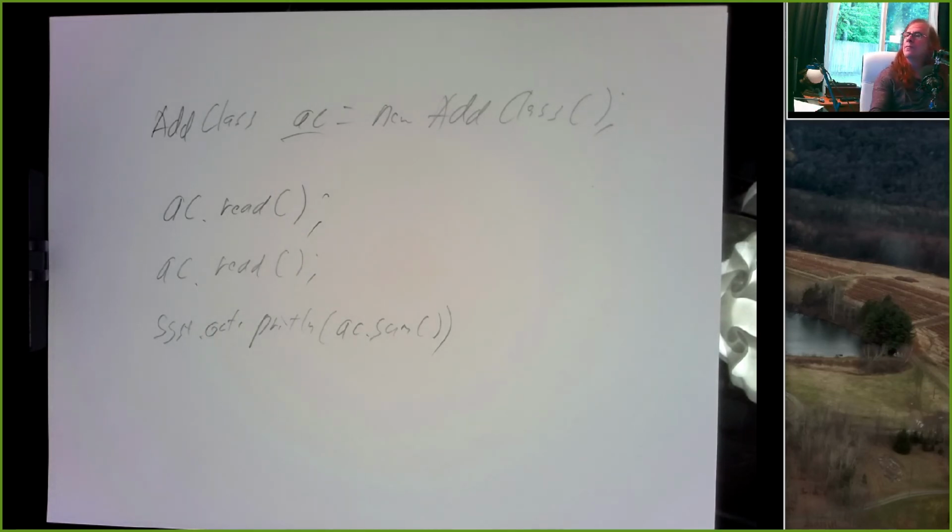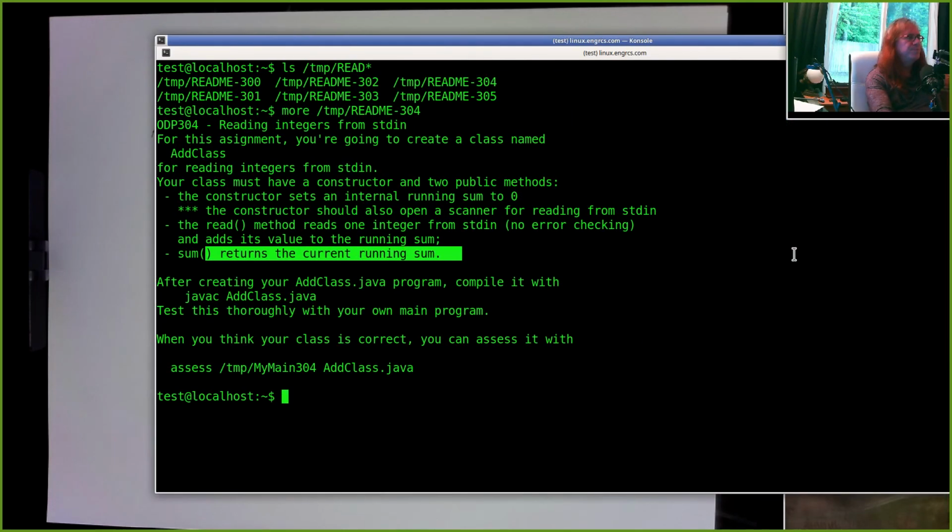I put down system.in, and I basically thought it was like getting input from standard in. The constructor sets an internal running sum to 0 and opens a scanner for reading from standard in. There's nothing about the constructor that does anything with an argument. So the constructor should not take an argument.